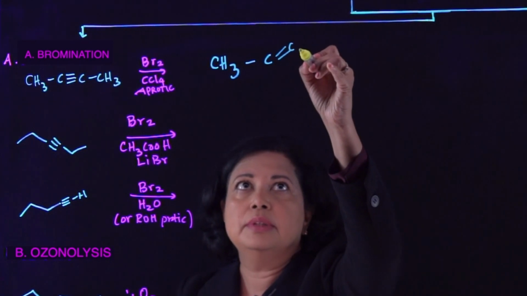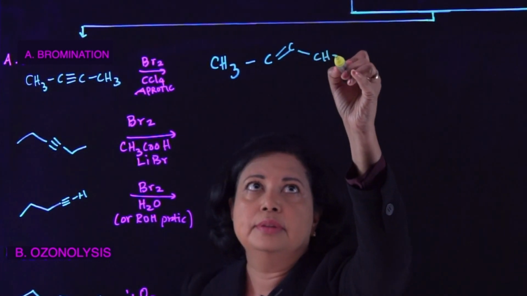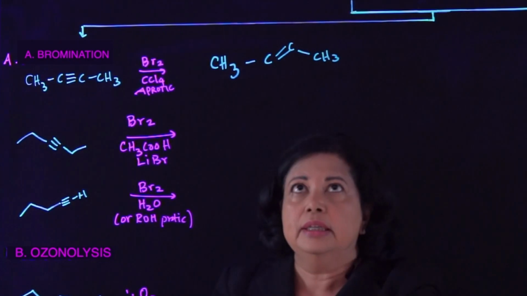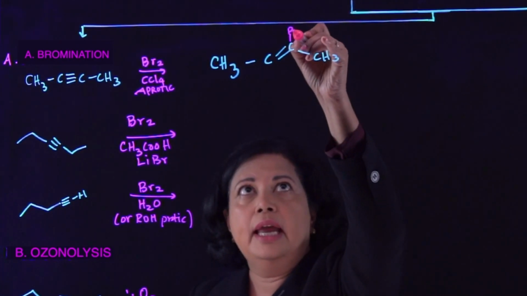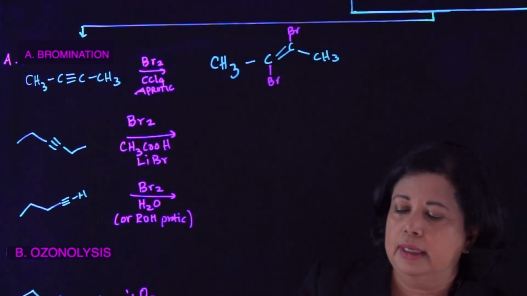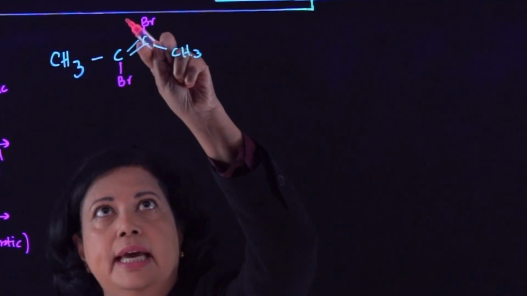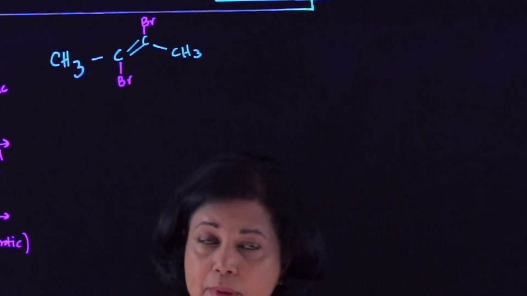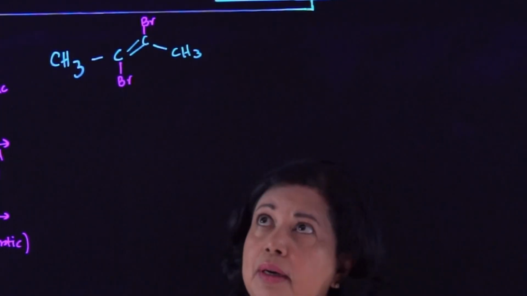This is what they're observing when they have a dibromo attack. You have bromine adding anti, and that's something we saw with alkenes, except that we didn't have a pi bond. We had a sigma bond because we started with one double bond.